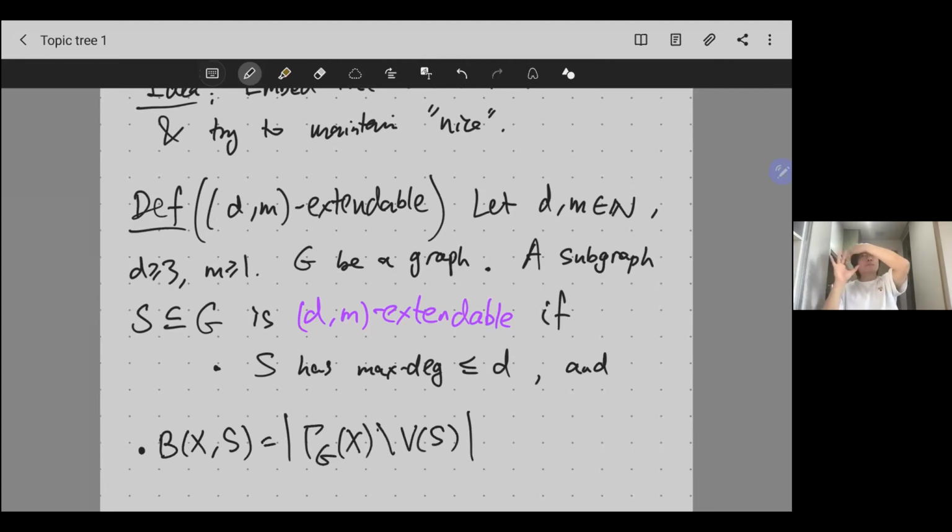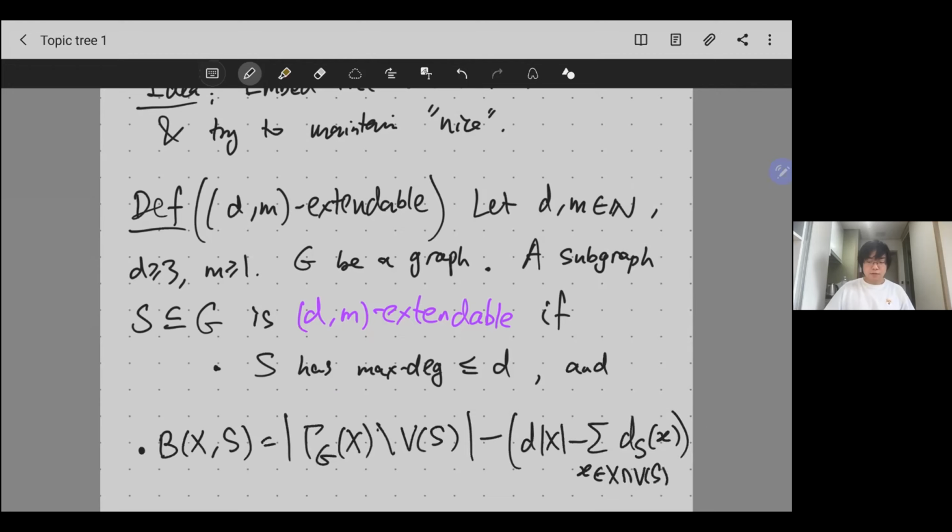Not in our current partial embedding S, minus d times the size of X, minus the degree of x in the partial embedding S, where you range x in the intersection of X and V(S), okay?